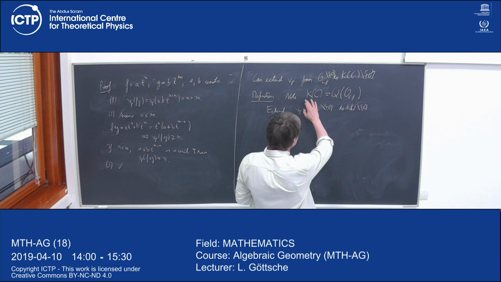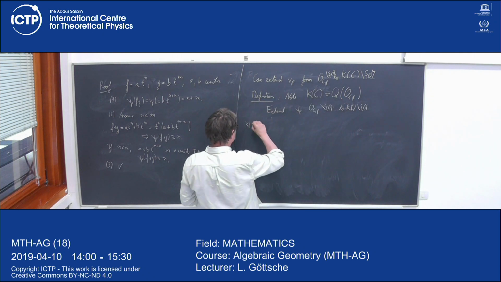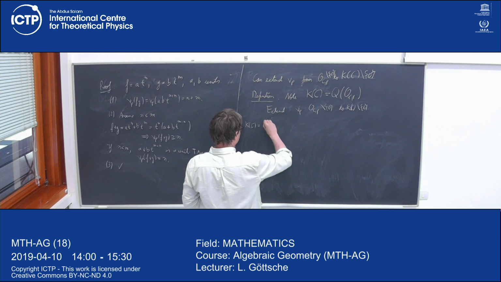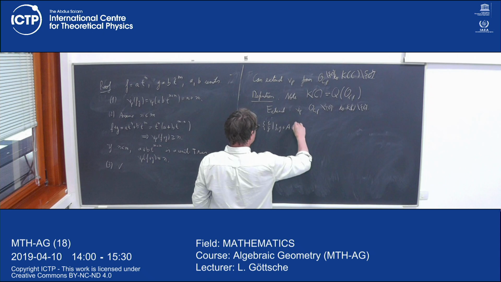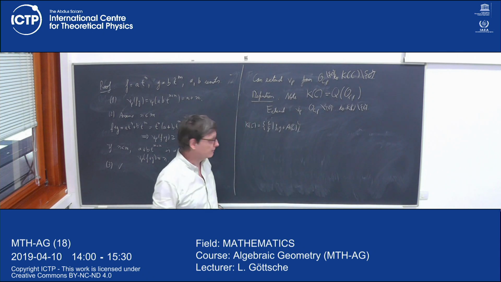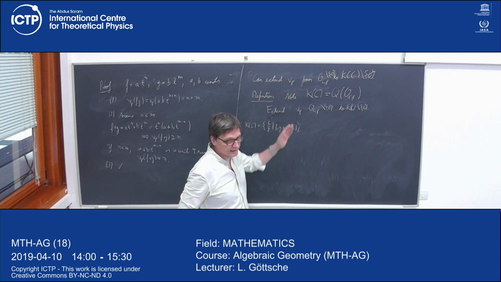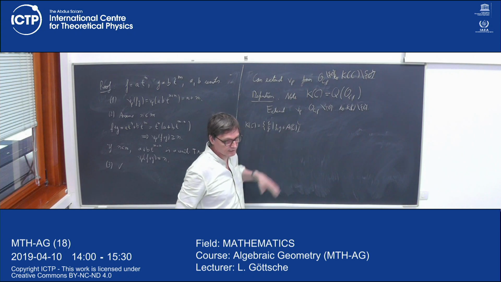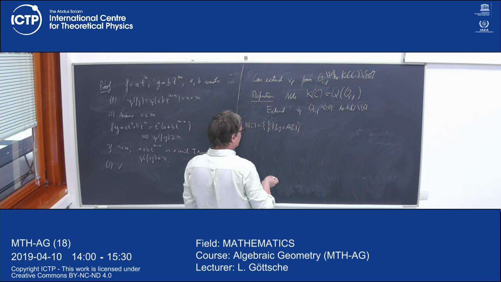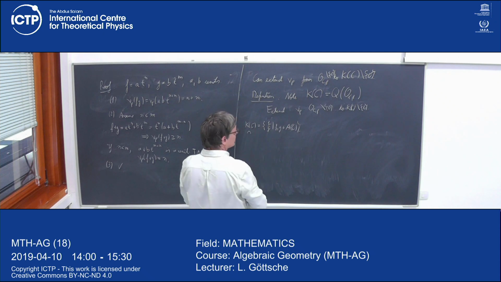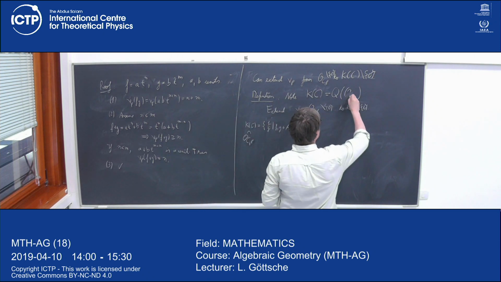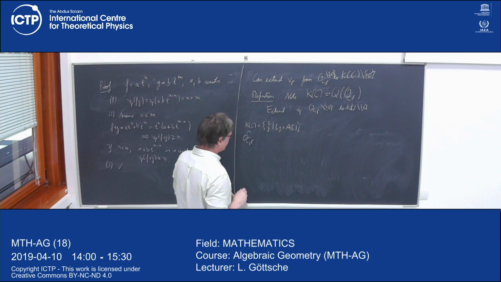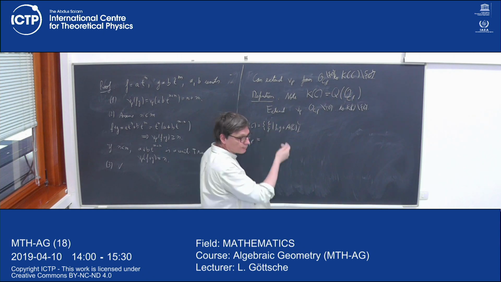So an element here, K(C), is the set of all f divided by g, where f and g are in A(C), or if you are in the affine case, assume we take the affine chart. So it contains as a subset this set O_{C,P}. So these are certain quotients.